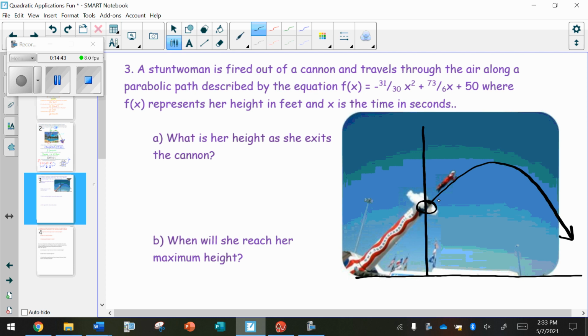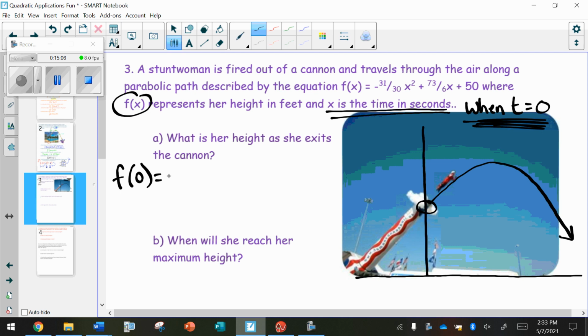If x is the time in seconds, then what we need to find is the height when she first starts. So the height when she first starts means find the height when time is 0. And if time is x, what we're going to do is calculate the function when x is 0.